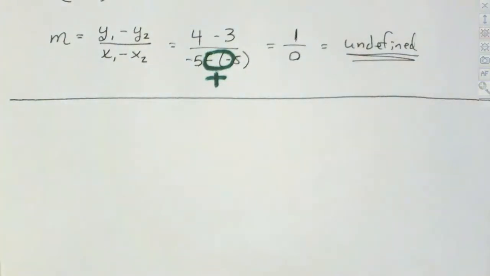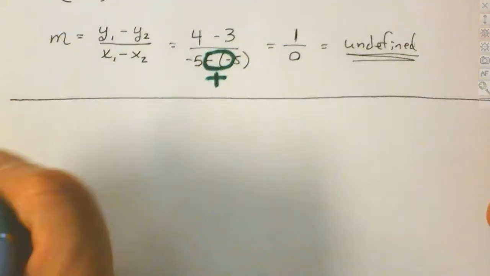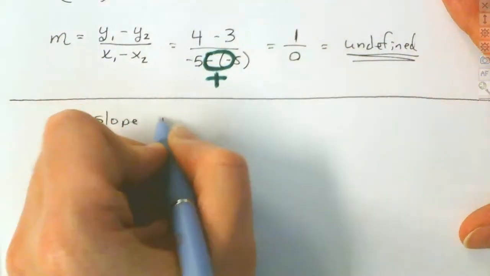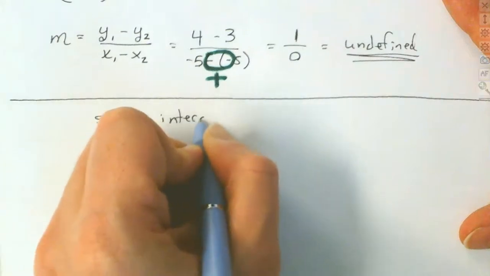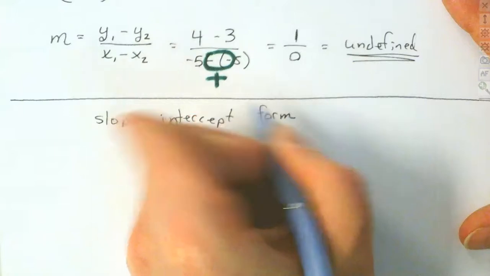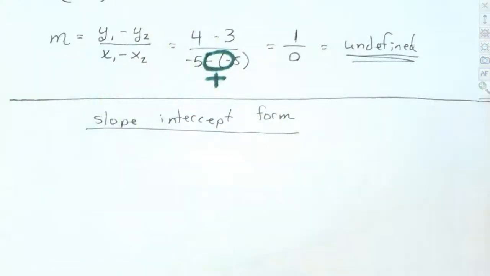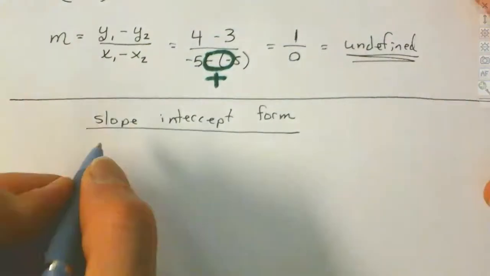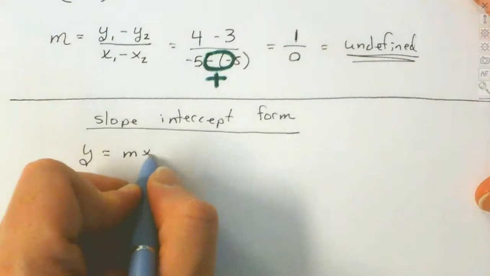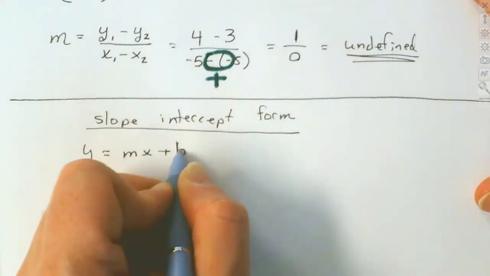But we're going to talk about the slope-intercept form of a line. And the slope-intercept form is y equals mx plus b.